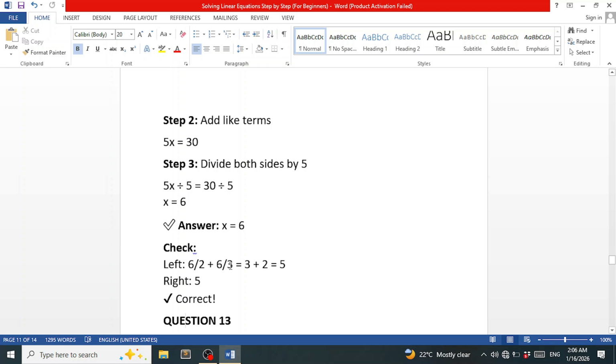We deal with the left going to right, don't do the opposite. So 6 divided by 2 is 3, plus 6 divided by 3, you're gonna have 2. So 3 plus 2, that is 5. Right side, we've got also 5. Hence our solution is correct, or the answer is correct.